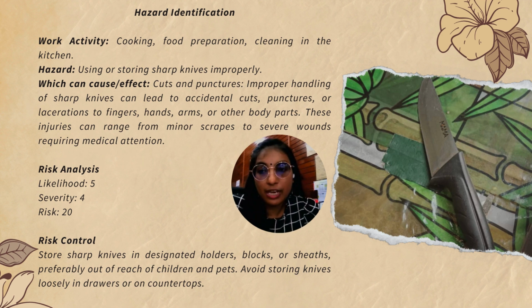The likelihood will be 5, severity will be 4, total risk will be 20, which is so high. So, store sharp knives in a designated holder, block, or sheath, preferably out of reach of children and pets. Avoid storing knives loosely in drawers or on countertops.